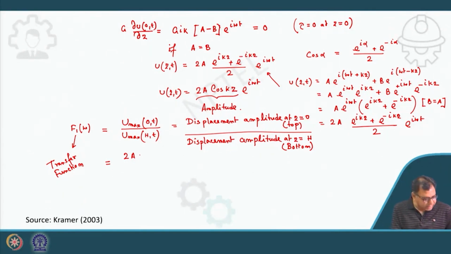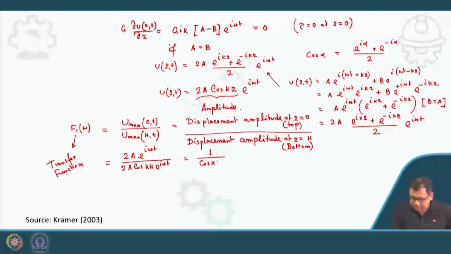So it will be 2a e to the power i omega t, and at the bottom this will be 2a cos kh e to the power i omega t. So the 2a e to the power i omega t will cancel, and it will be simply 1 by cos kh. So that is equal to the transfer function. So now in this case your transfer function is equal to 1 by cos kh.